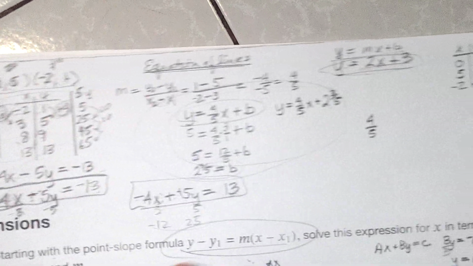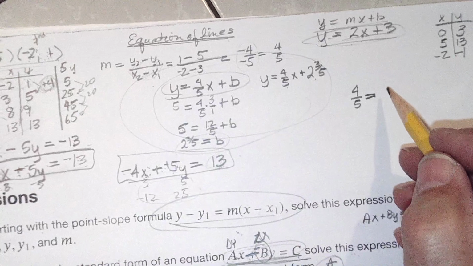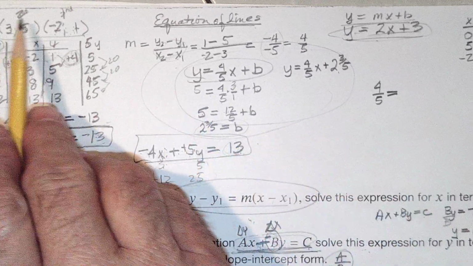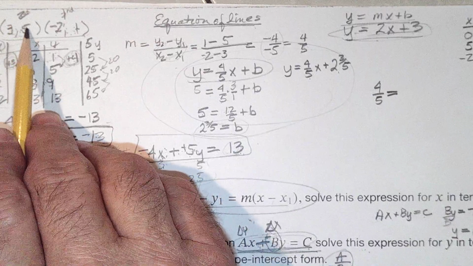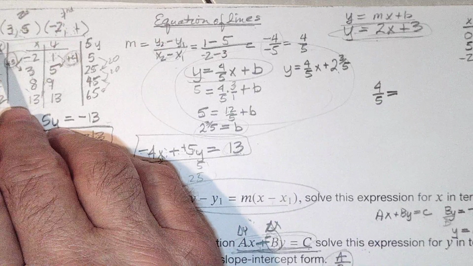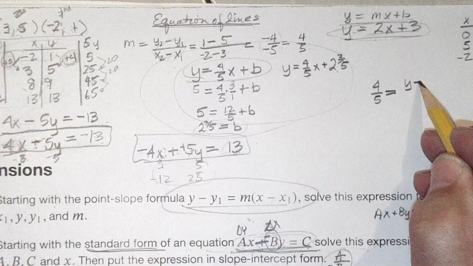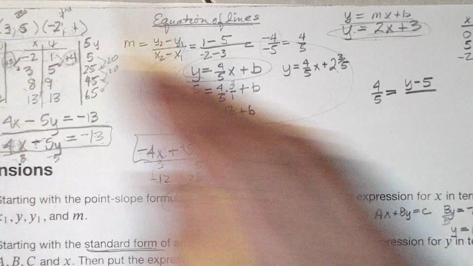So we go to here and we say the slope is going to be, I'll do y minus 5. So this is y. I'm thinking this is y2, but I'm just calling it y. Y minus 5 over x minus 3.